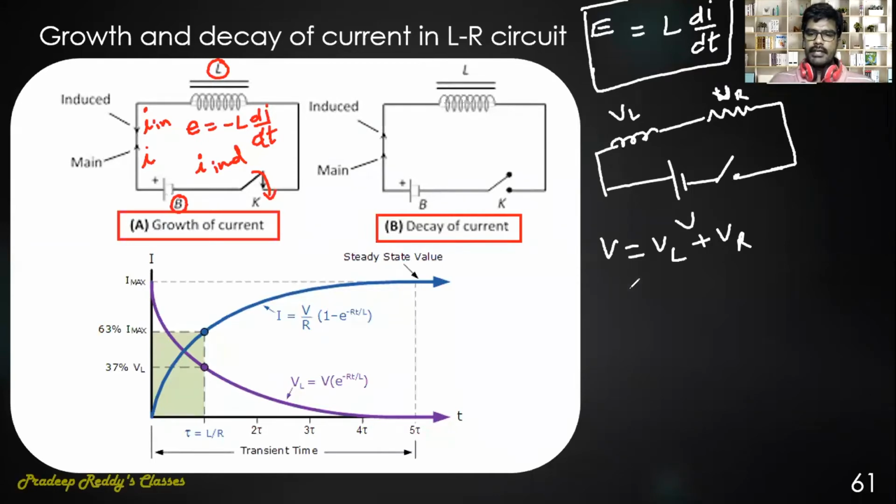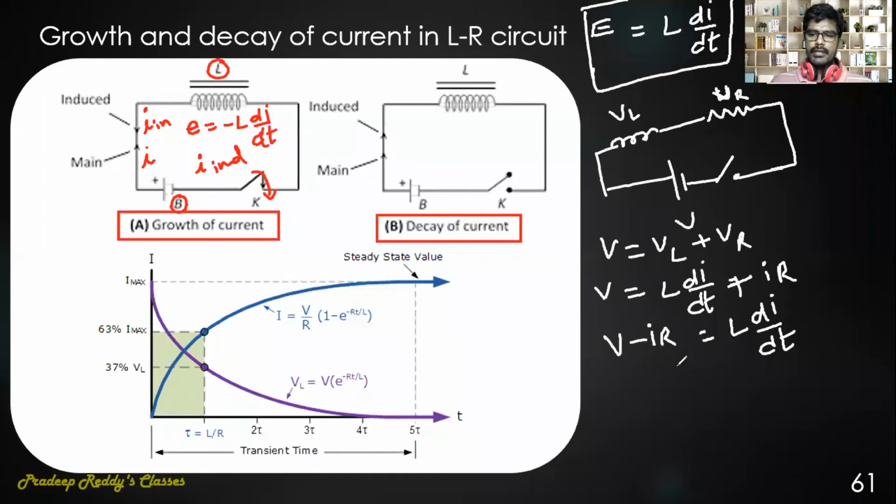Total voltage provided V will be equal to L into di by dt, because the voltage dropped across this inductor will be L into di by dt. Voltage dropped across this resistor will be I into R. From here you can write V minus IR is equal to L into di by dt.